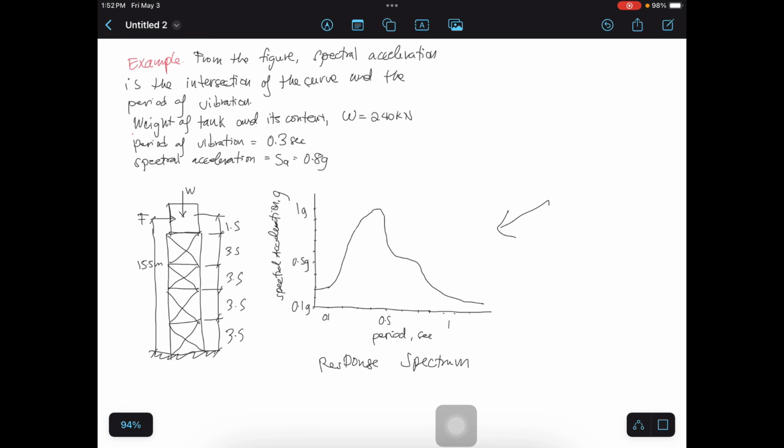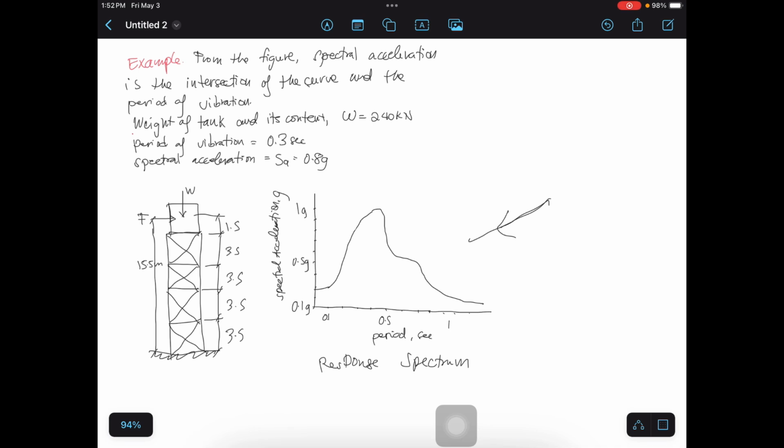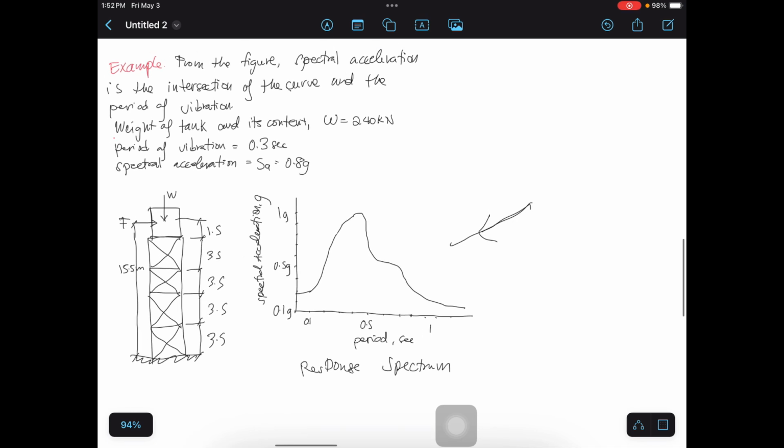So, this is an example of this one, itong graph na to. This is an example of yung spectral acceleration derived from spectral response spectrum. So, makikita nyo dito, along its x-axis is yung period, and then sa y-axis is yung g, or yung spectral acceleration niya. So, how do we use this para mag-design ng building or para makuha yung base shear?